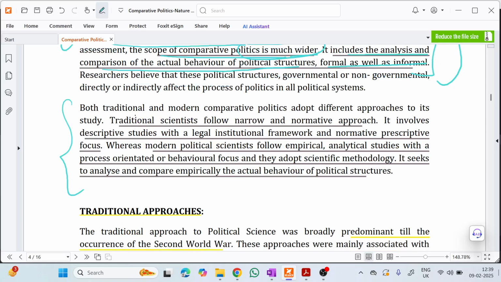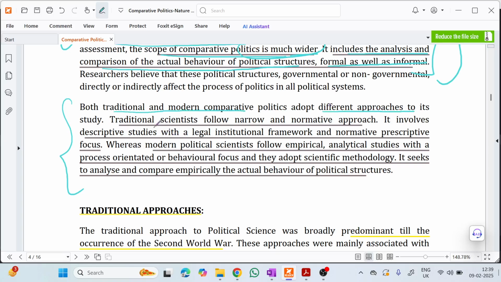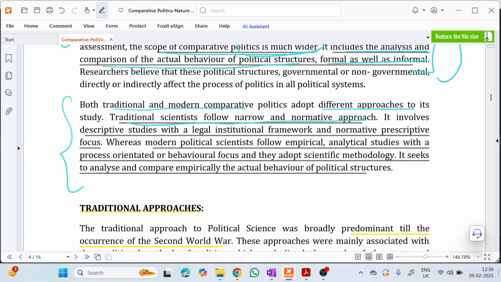Now, both traditional and modern comparative politics adopt different approaches to study. Traditional scientists follow a narrow and normative approach. Normative means subjective.